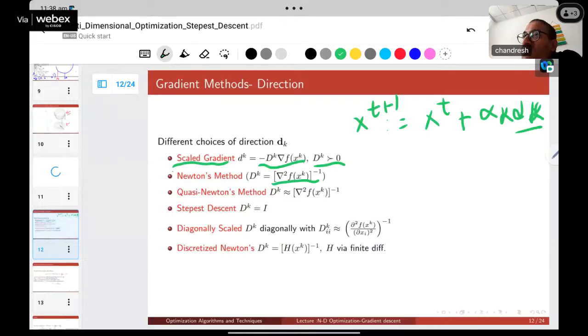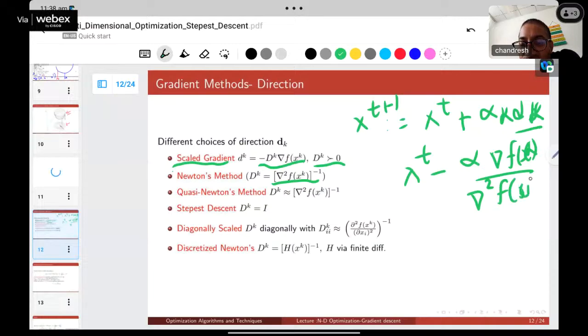Those who are familiar, I think in BTech first year we study this: alpha times the inverse of the second derivative times the gradient, that is your Newton's method. If you set d_k as the inverse of the Hessian in this equation, then it is Newton's method.